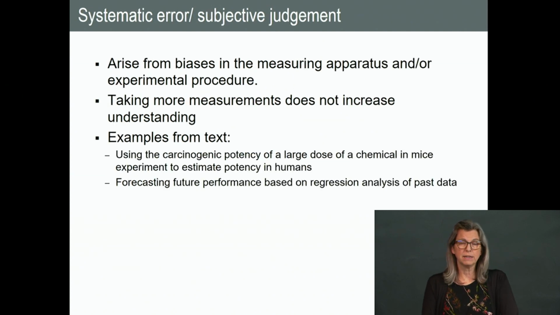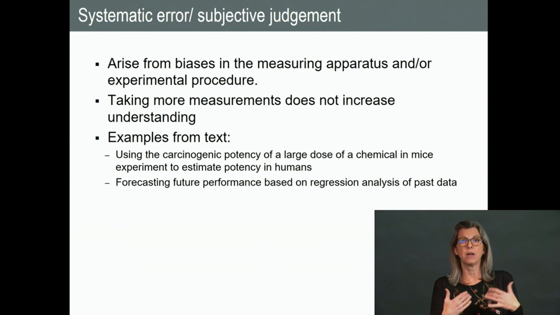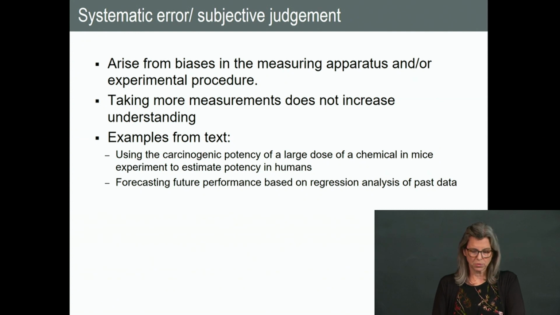Systematic error is another type of uncertainty, and that's when your measurement might be biased. The measurement tool that you're using might be biased, so it might shift everything one way or another. These kinds of things are difficult to assess because you really have to understand, you can't just look at the data and see this. You have to understand how the data was generated. So there's a couple of examples shown here in terms of using mouse models, for example, to extrapolate to humans.